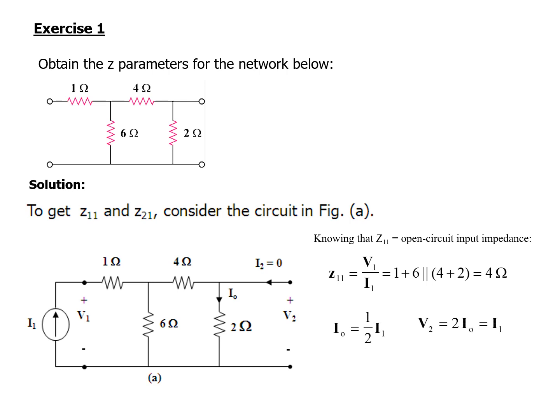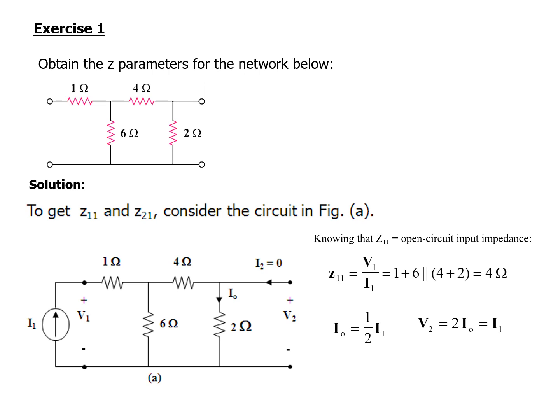I0 is half of I1 because it is obtained by using the current divider. You can see that 4 and 2 ohms, or 6 ohms, is in parallel with 6 ohms, so both will have the same magnitude of current. That's why it's half of I1.